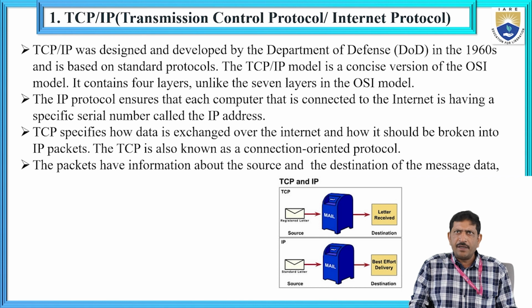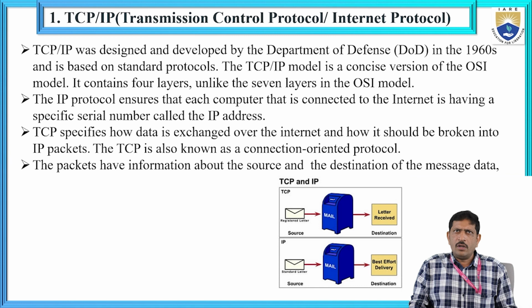The TCP/IP model is a concise version of the OSI model. It contains four layers, unlike the seven layers in the OSI model.